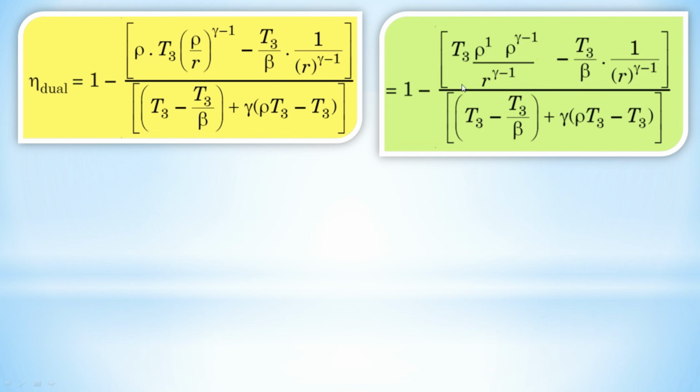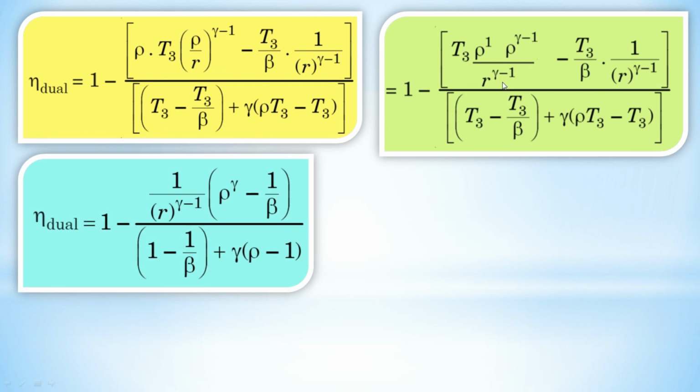Here you can see that in numerator and denominator the temperature T3 is common, as well as in the numerator 1 upon R raised to gamma minus 1 is also a common term. So T3 is cancelled out, and 1 upon R raised to gamma minus 1, being common in the numerator, we keep it outside.